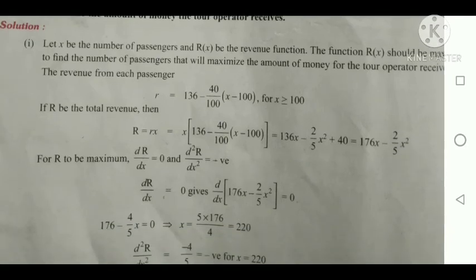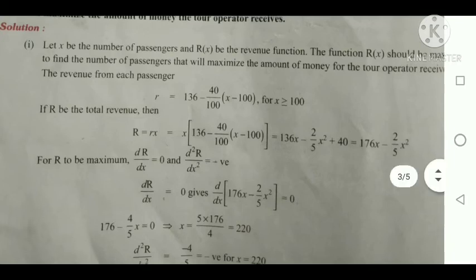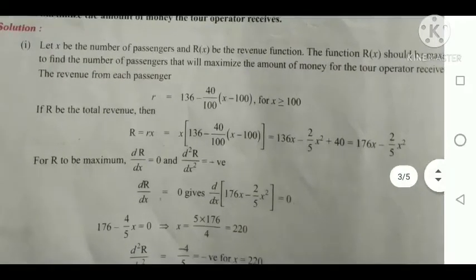Here let x be the number of passengers and R be the revenue function. The function R(x) should be maximum. The revenue from each passenger becomes r equal to 136 minus 40 by 100 into x minus 400.